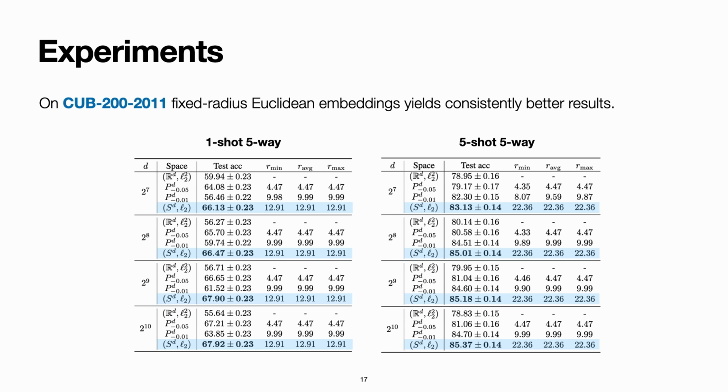The standard prototypical network with a squared Euclidean metric, then two Poincaré architectures with different curvatures, minus 0.05 and minus 0.01, and finally, highlighted in blue, our proposed model. In addition to the test accuracy, we plot the embedding radii. Note that across all dimensions, our test accuracy improves on both the standard prototypical network and the Poincaré architecture, and as predicted, the embedding radii are constant even across different dimensions.